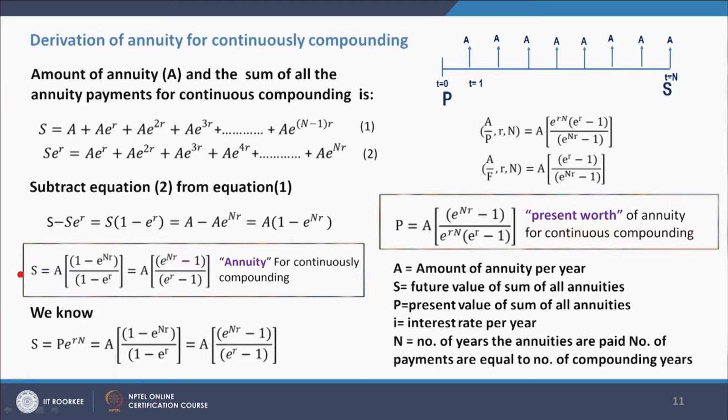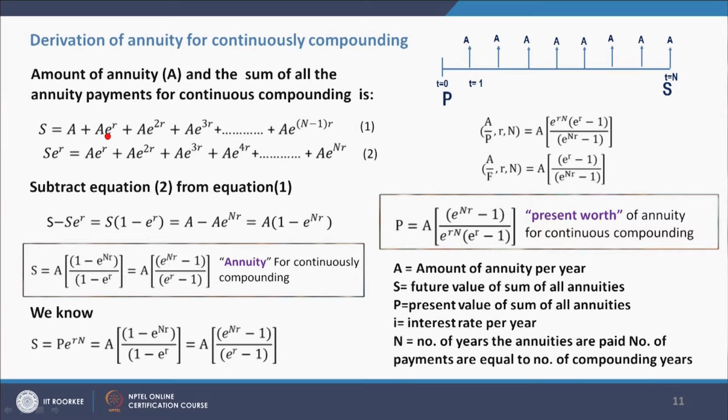So, I can write S = A(1 − e^(nr))/(1 − e^r), or I can take the negative common, and this becomes A(e^(nr) − 1)/(e^r − 1). So, this gives you the annuity for continuous compounding.